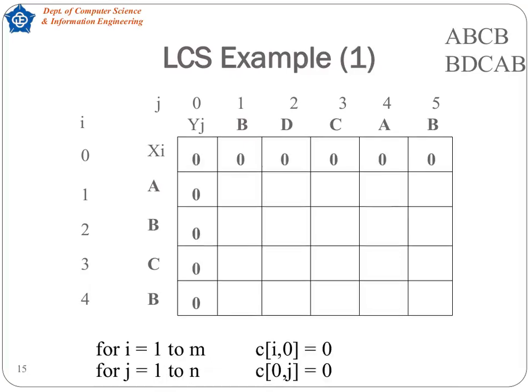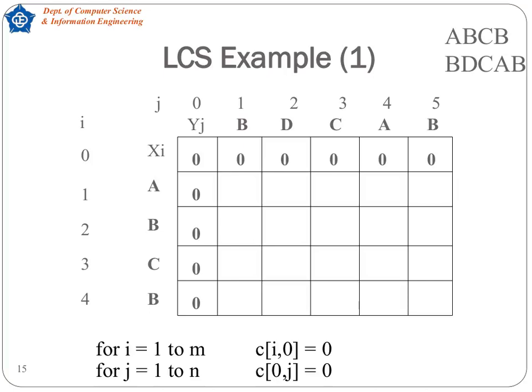Continuing from our setup, we're now computing the LCS between ABCB down the side and BDCAB across the top. Our table has dimensions m+1 by n+1, and we begin by initializing every cell in row 0 and column 0 to 0. After all, matching any sequence against an empty one yields a length of 0.